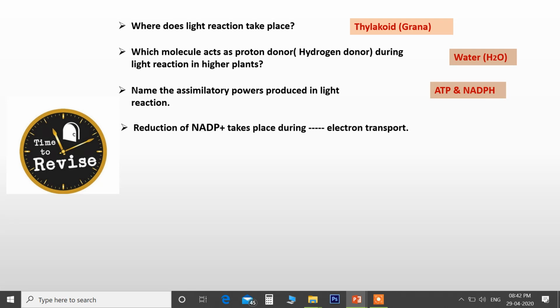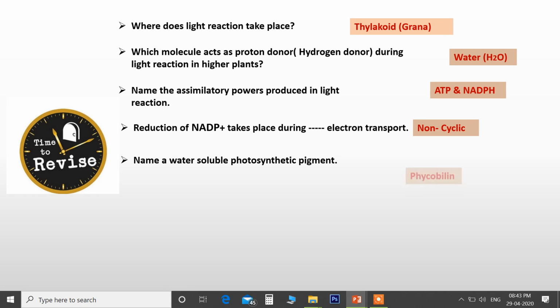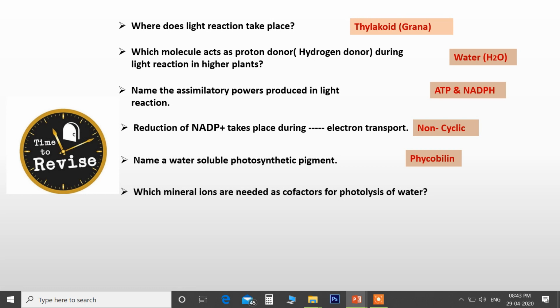Reduction of NADP plus takes place during dash electron transport. It is during non-cyclic electron transport. Name a water-soluble photosynthetic pigment. That is phycobilin. Which mineral ions are needed as cofactors for photolysis of water? It is manganese and chlorine.